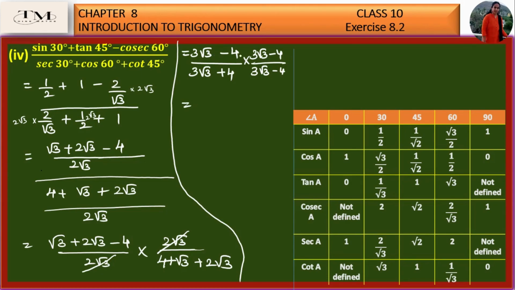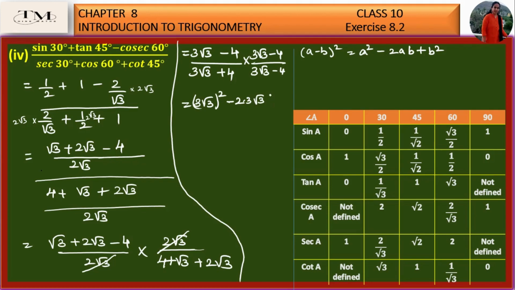So this is (a minus b) into (a minus b). So it is nothing but (a minus b) whole square, which is a square minus 2ab plus b square. So what is a square? It is (3 root 3) whole square minus 2ab. So a is 3 root 3.